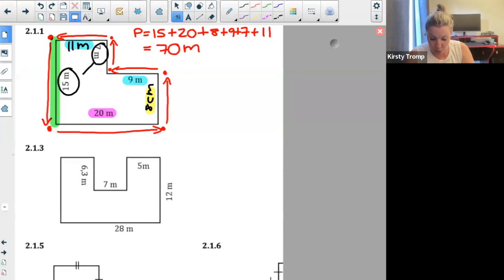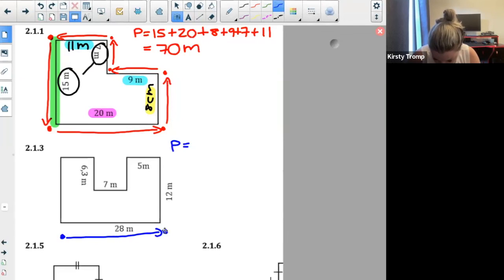Okay, we're going to do one more together, guys. So here we go. Here is 2.1.3. Last one we're going to do together. So we're going to start with the big side on the bottom. We're going to draw a dot. The perimeter equals, we're going from this side to that side.